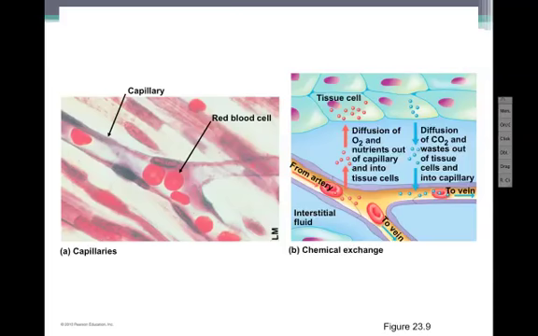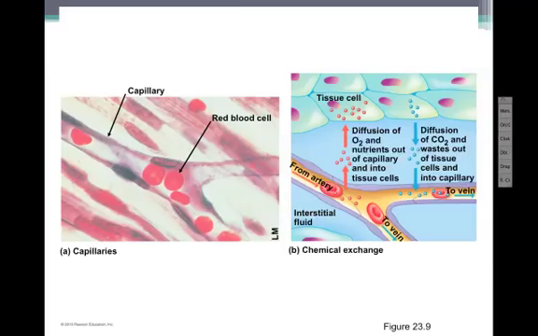And this picture is showing red blood cells inside a capillary. The point they're showing here is how close the red blood cells are to the sides of the capillary. They fill up the capillary so that they have to follow one by one because they are as large as a capillary.